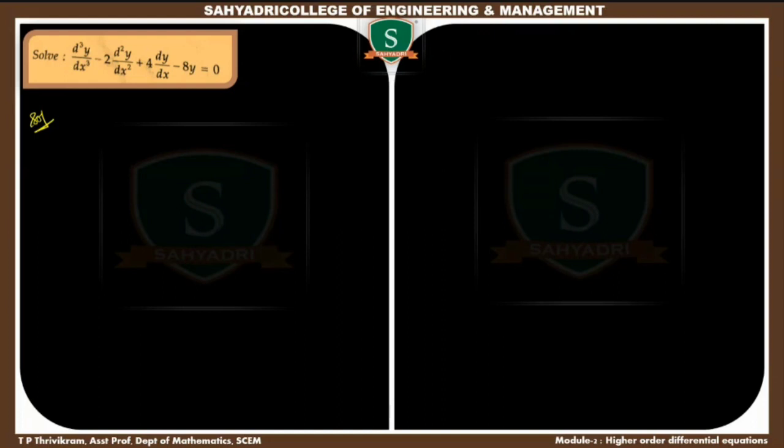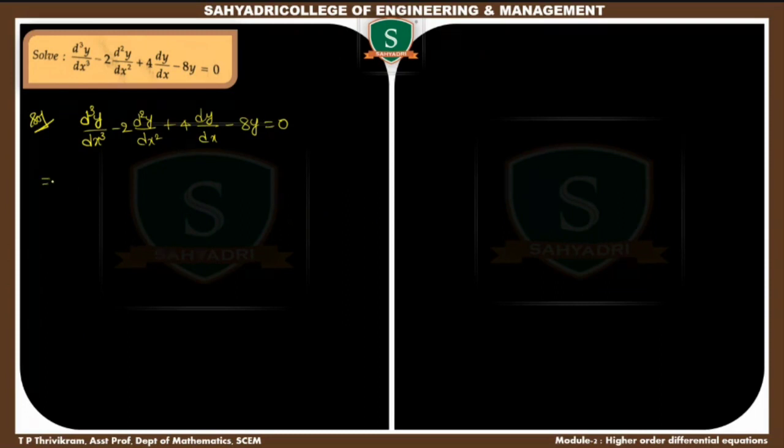What we need to do is solve this equation. First I'll write the given equation as it is: d cube y by dx cube minus 2 into d square y by dx square plus 4 into dy by dx minus 8y equal to 0.